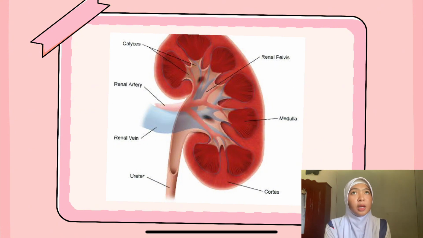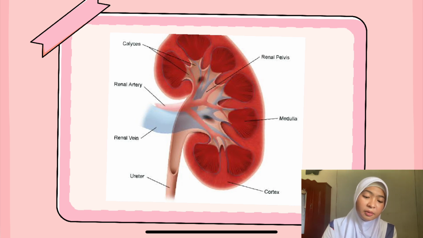Dun sa key component, meron tayong renal artery. These blood vessels carry oxygenated blood from the aorta to the kidney, supplying it with the necessary blood flow for filtration and other functions. So, we have the renal vein.